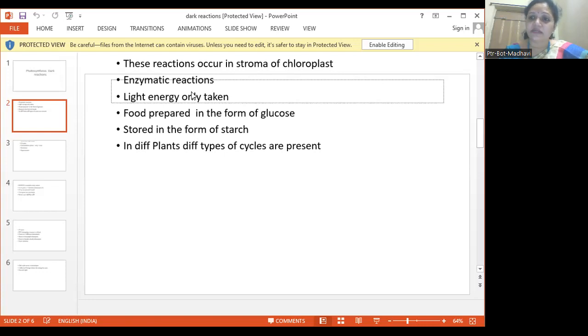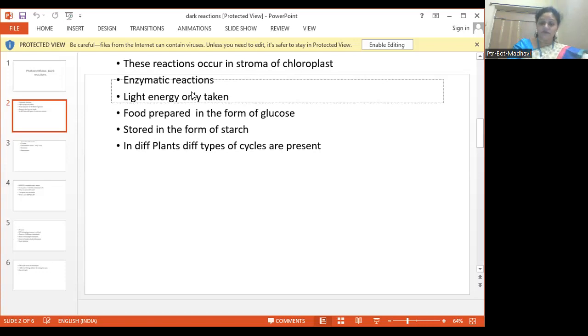And this is completely an energy consuming process. In the light reactions, the energy is released in the form of ATP and NADPH2. But that energy will be consumed again in the dark reaction. So it is an energy consuming process for the plant body.